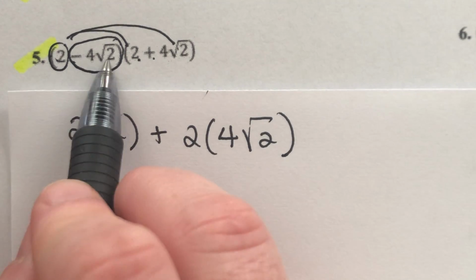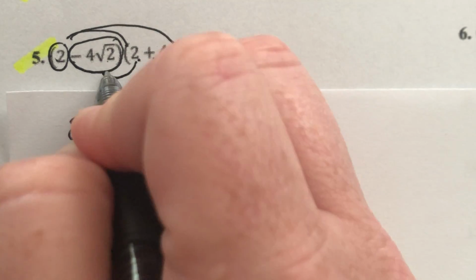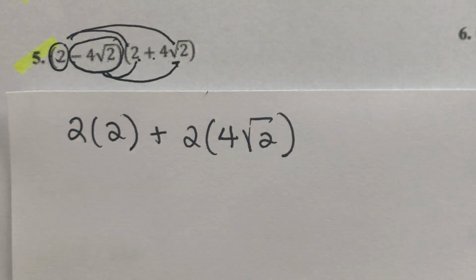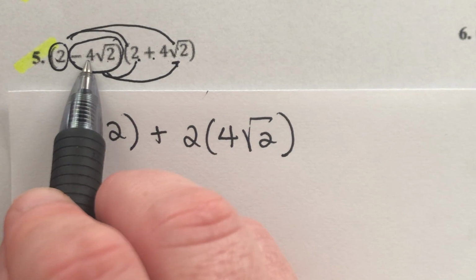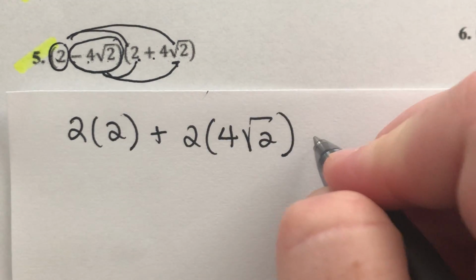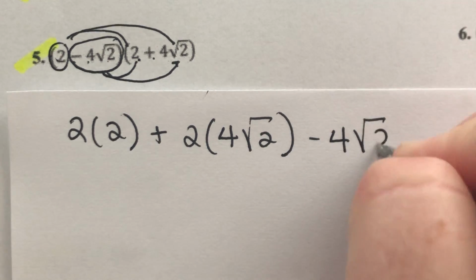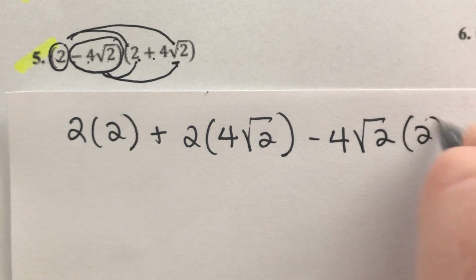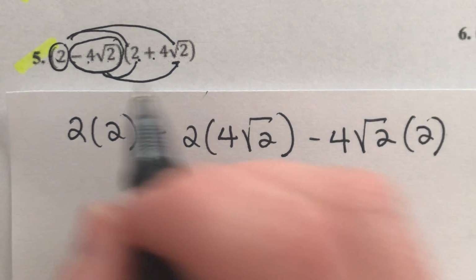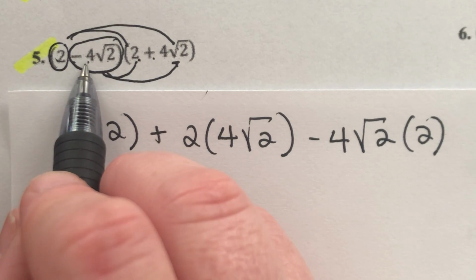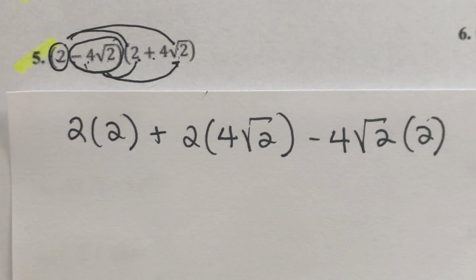Now there's a minus sign with that second term, so keep the minus sign with it. This times this, and this times this. So negative 4 square root of 2 times 2, and then negative 4 square root of 2 times positive 4 square root of 2.